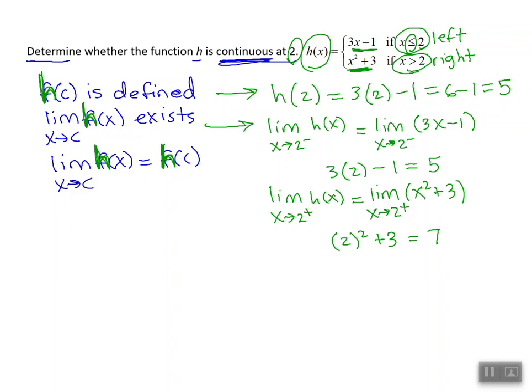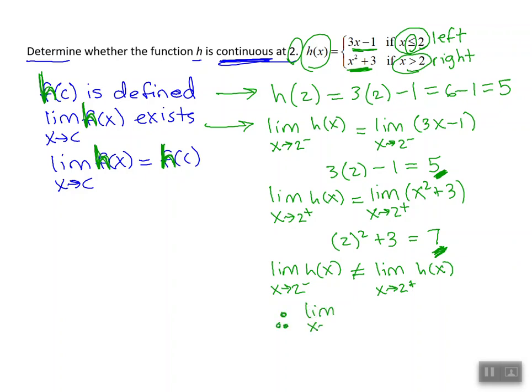Now I notice that this left-sided limit, 5, and this right-sided limit, 7, are not equal, since the limit as x approaches 2 from the left does not equal the limit as x approaches 2 from the right. The limit does not exist.